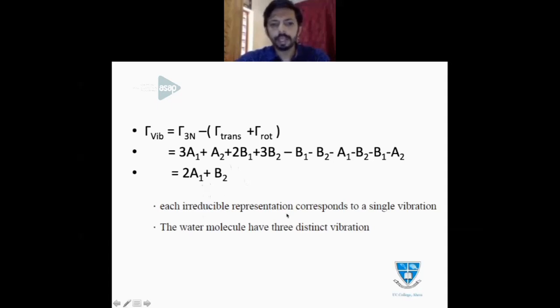Each irreducible representation corresponds to a single vibration, and the water molecule has 3 distinct vibrational modes. We are familiar that 3n minus 6, that is 3 into 3, that is 9, minus 6, there will be 3 vibrational modes, and out of these 2 will have A1 symmetry and 1 will have B2 symmetry.